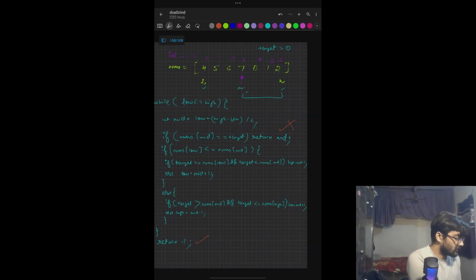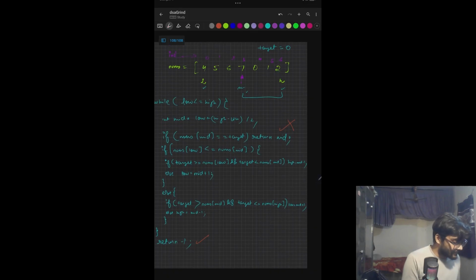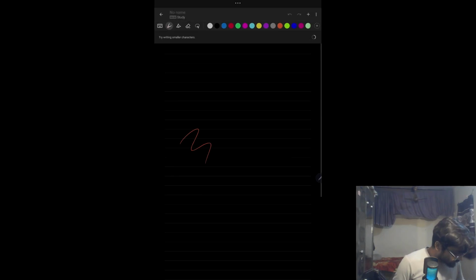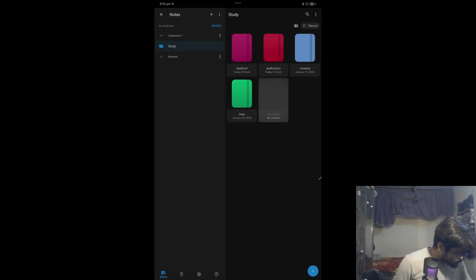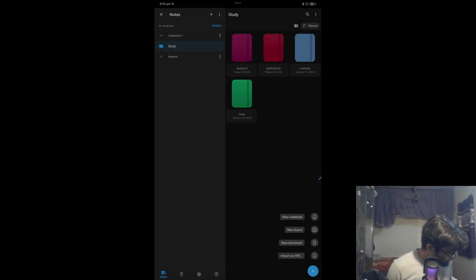Yeah, my laptop tablet makes that sound. It likes to do that. I'll just create a notebook, a new notebook, or new document. Let's do a document. Try writing smaller characters. Just get lost, man. New document, new board. By the way, you can write with pen also in this.